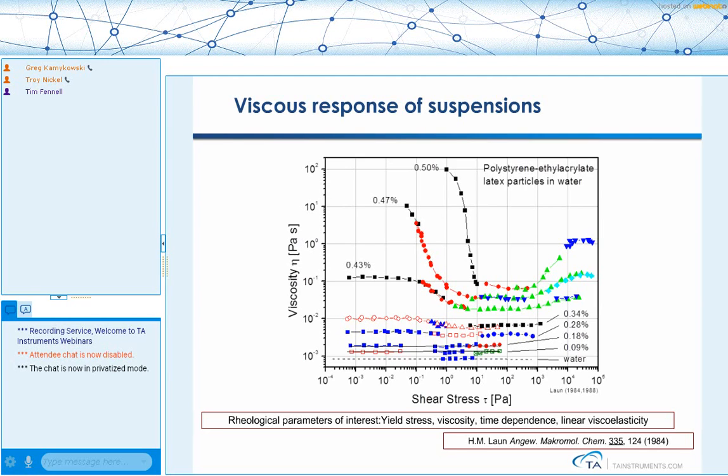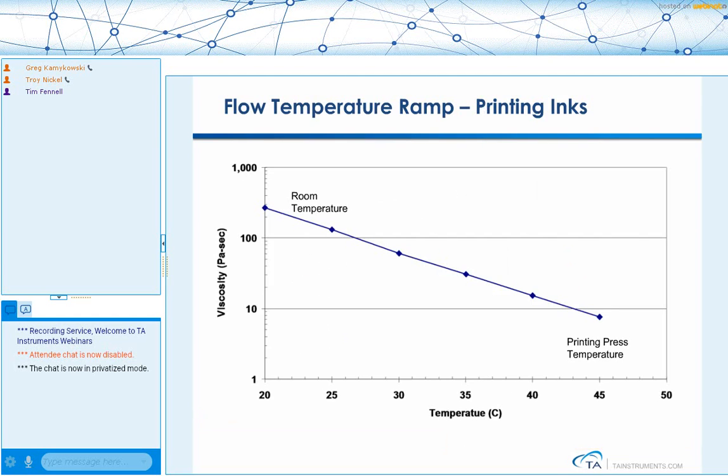And then as we go to higher concentrations, we see that the viscosity is much, much higher in the very low stress area. And then as we proceed, we get more and more drastic yielding behavior for our materials.